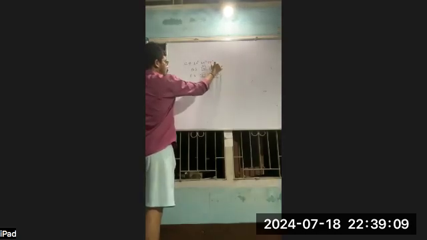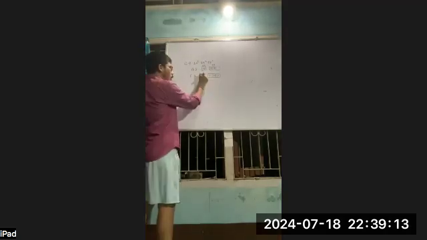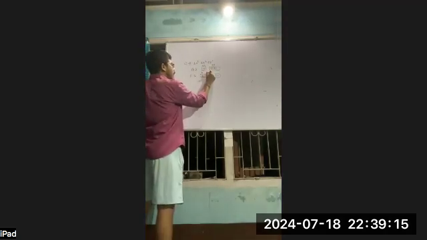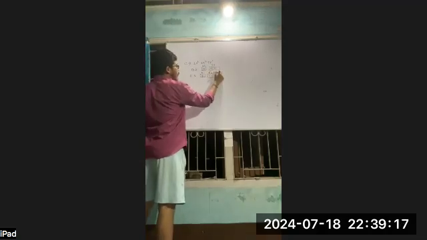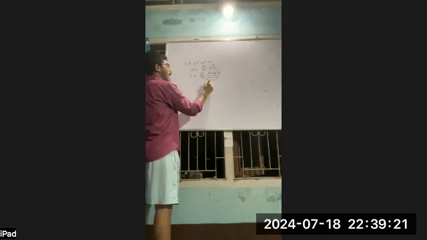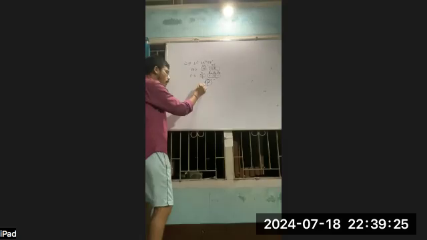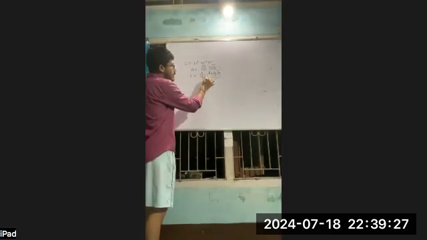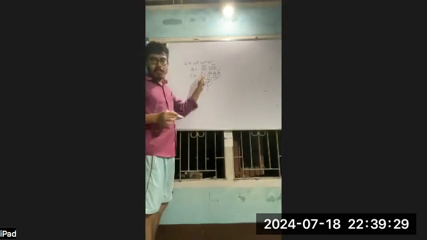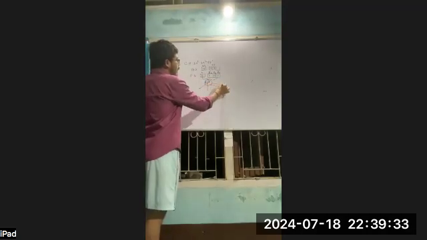So here all four orbitals can overlap with each other and form sp3 hybridization. Since 4 atomic orbitals, one s and three p, overlap, we will get 4 sp3 hybridized orbitals.